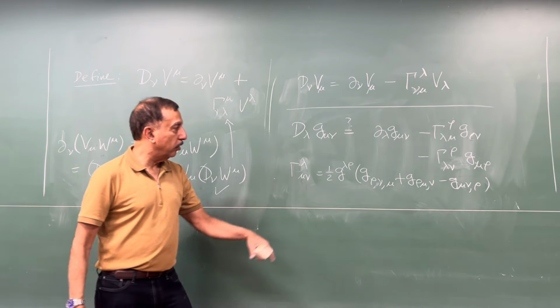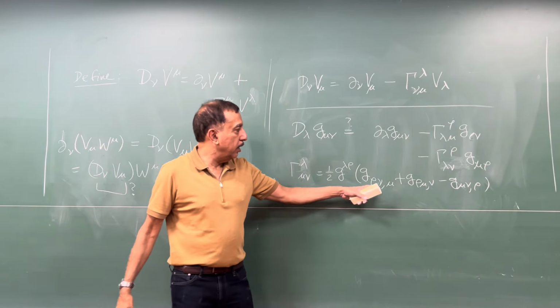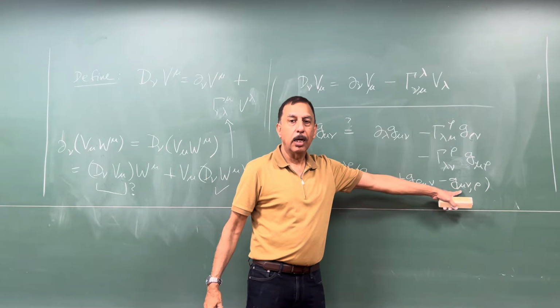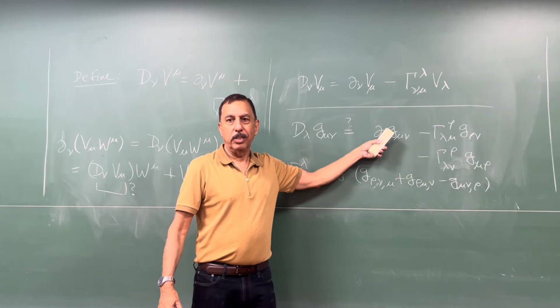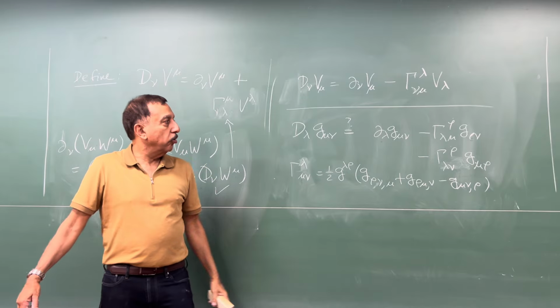So it involves the inverse of g, but if you see, these are all first derivatives of g. This is also a first derivative of g. Okay. Now you can calculate it.